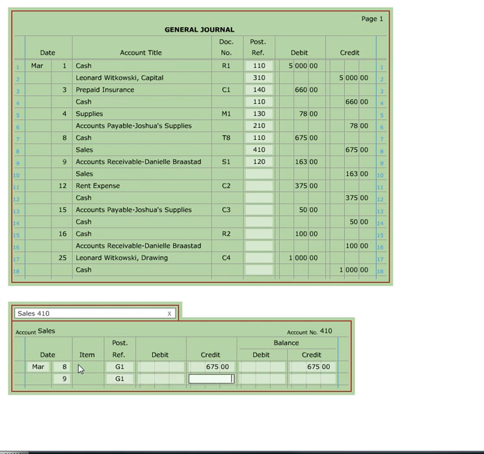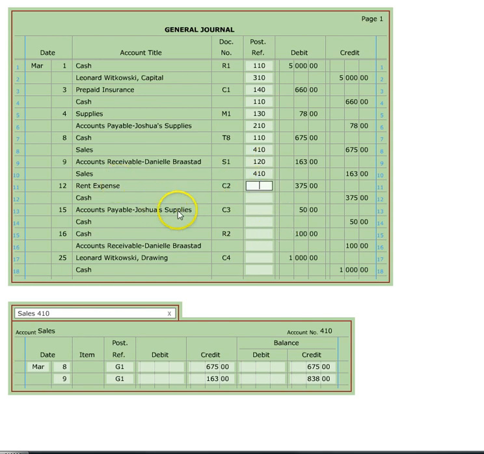General Journal, page 1. This is a credit of $163. So $675 plus $163 is $838. Show you posted that to 410.